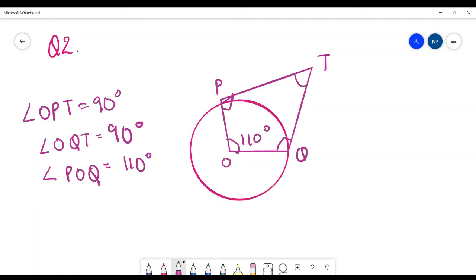It is equal to 360 degree, right? So from here, we are going to add up all the angles to find out the fourth one.